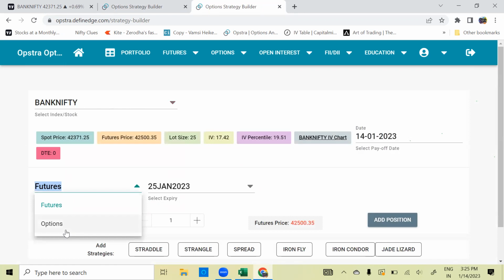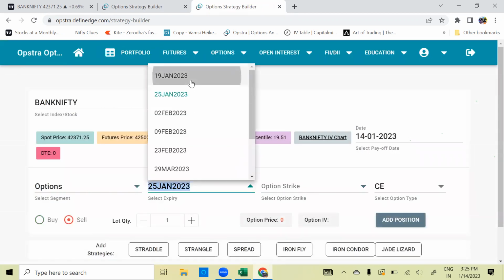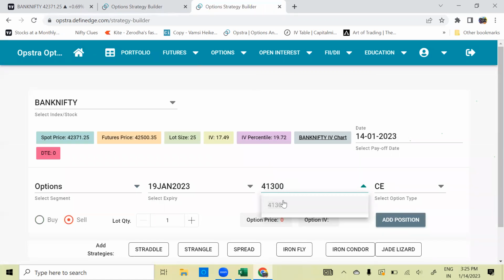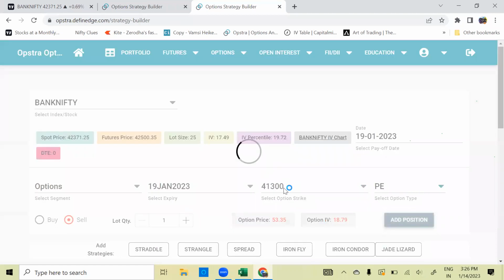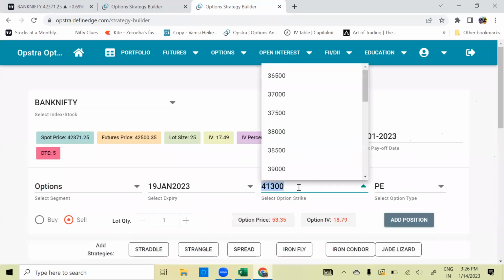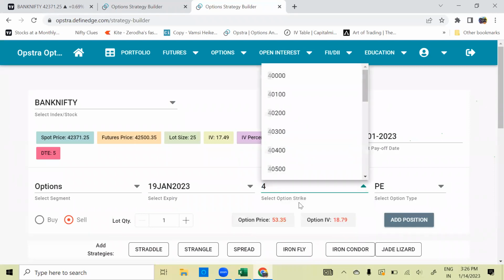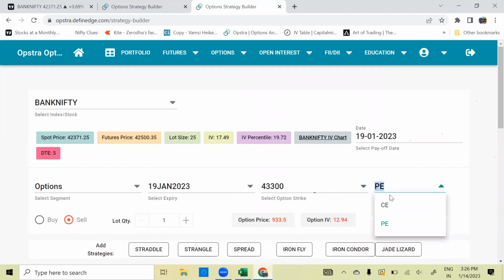So Bank Nifty is presently at 42,371. I'm selling the 41,300 put option, and I will sell the 43,300 call option.